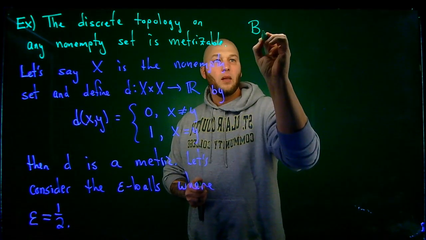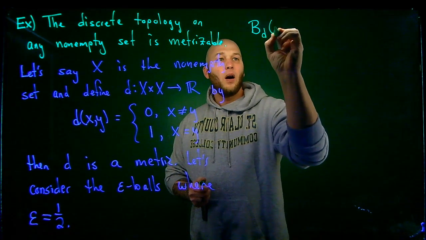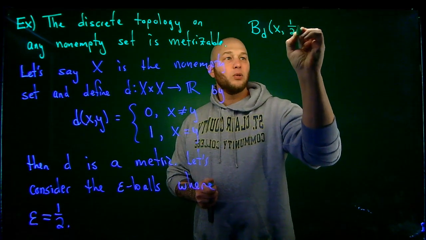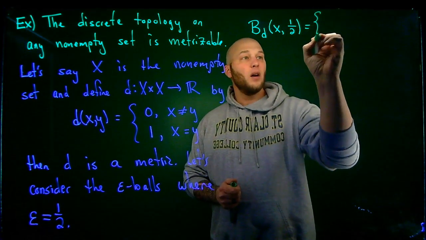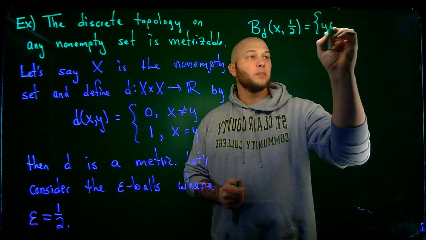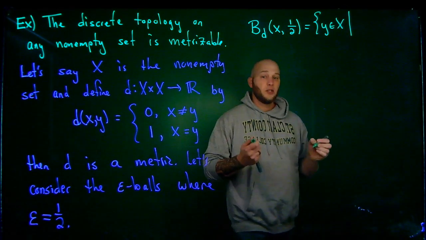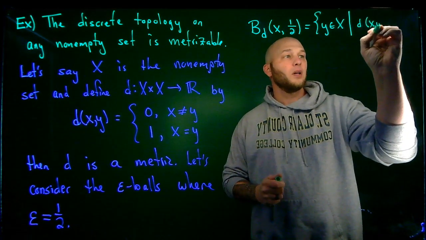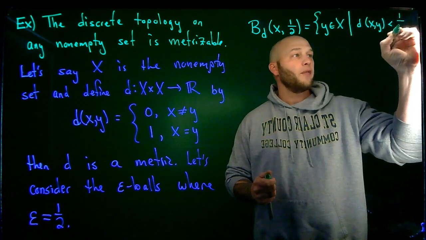So let's say the ball with respect to this metric of an element x of that set, and the value of epsilon is equal to 1/2. Well, remember, this is going to consist of the elements of the set such that the distance between x and y is less than that epsilon value, so less than 1/2.